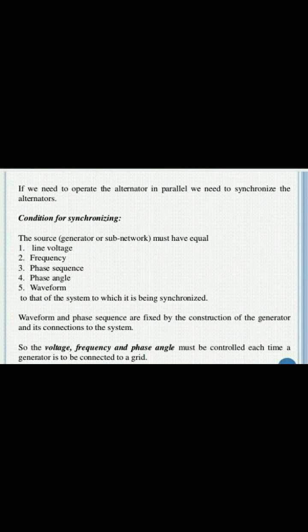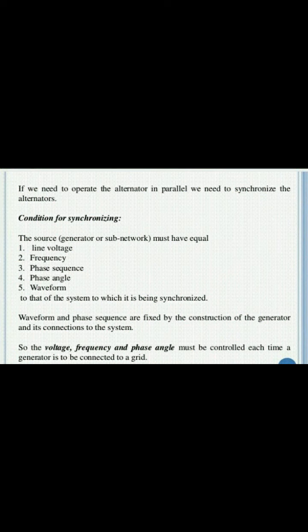So we'll start with the first method for understanding synchronization of alternator. But before we start, if you want to do the synchronization, there should be various conditions for synchronizing. The conditions for synchronizing are: the sources must have equal, first, line voltage, second, frequency, third, phase sequence, fourth, phase angle, fifth, waveform of the system which has to be synchronized with the previous one.